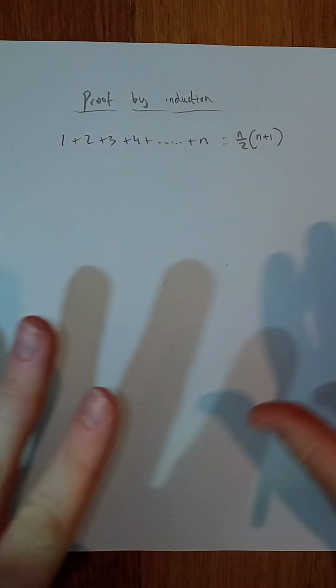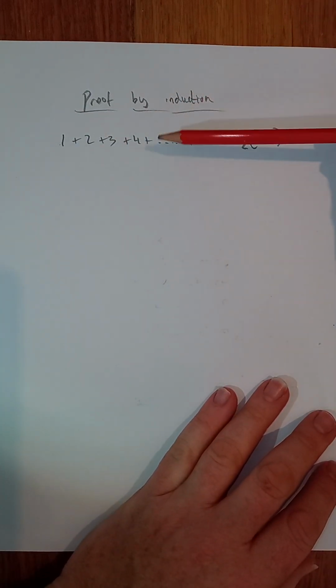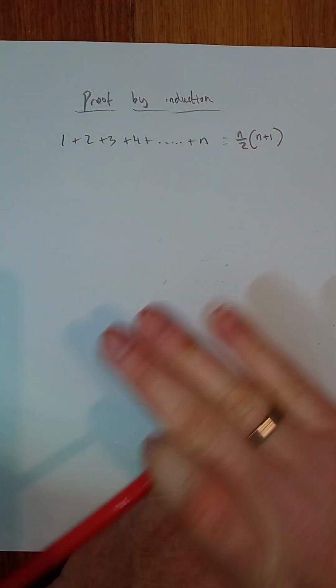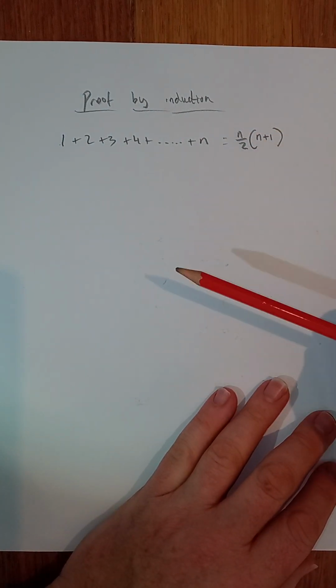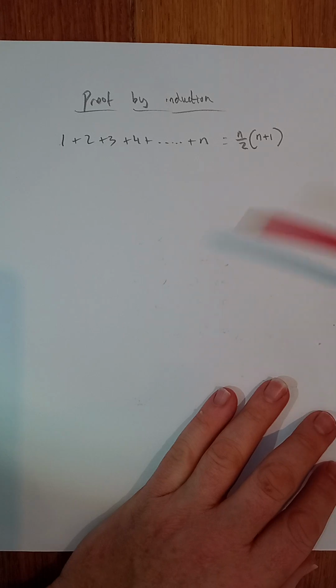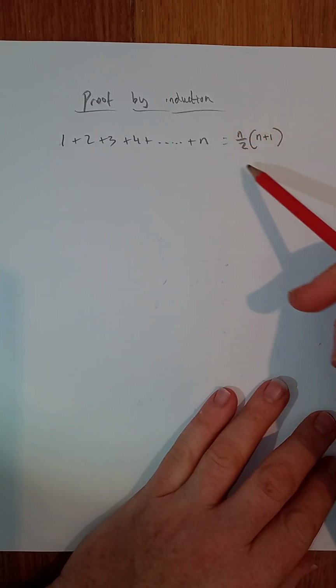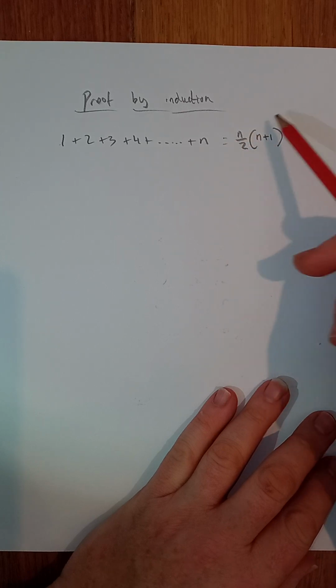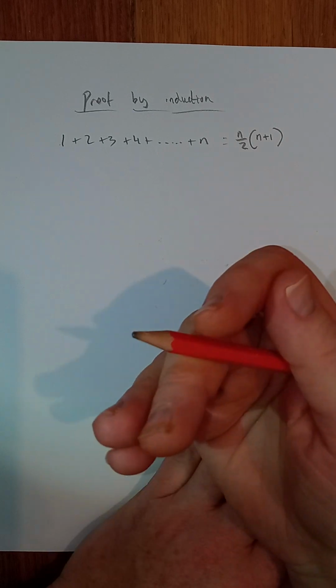For absolutely every proof by induction, you'll do the first three steps exactly the same way. It'll only be the final step that will vary depending on which type you're doing. So for these standard formulaic types, where you have a formula that's stated for you, I'm going to show you the simplest one.